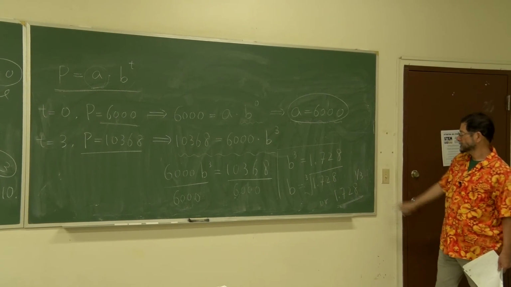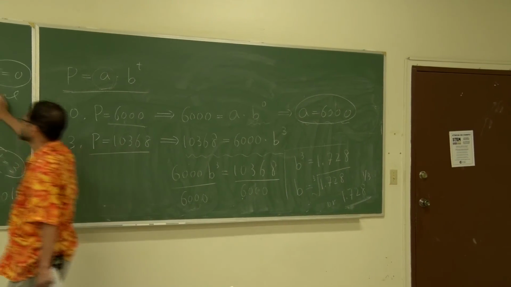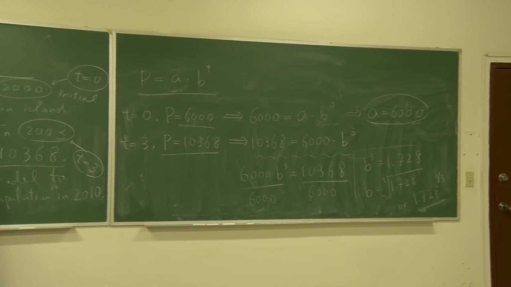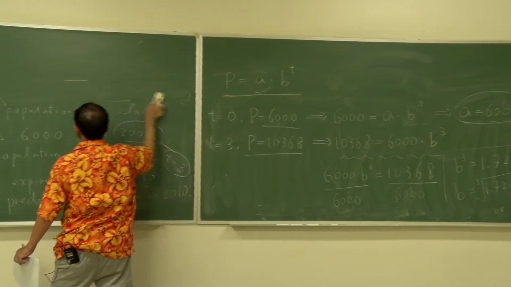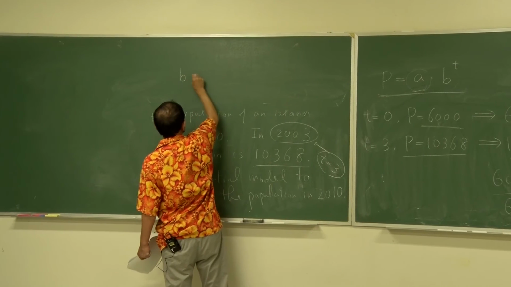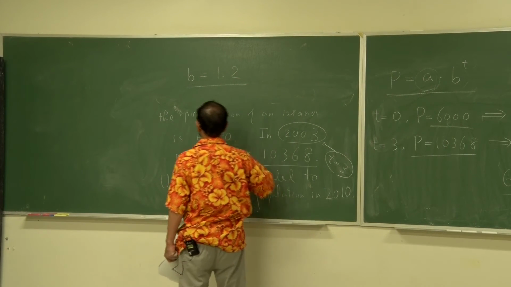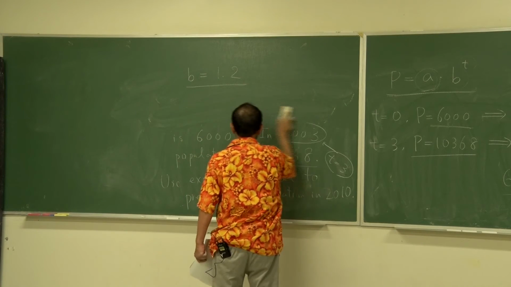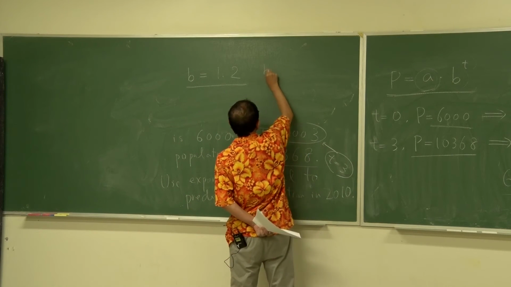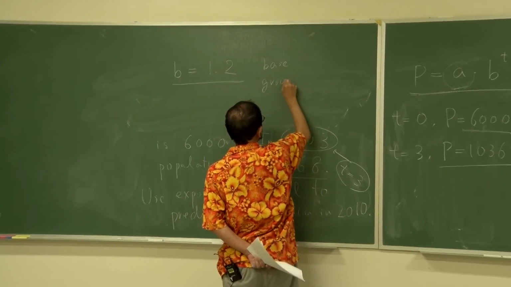Okay? So using the calculator, we have b is equal to 1.2. So this is your base, and in this context it is also called the growth factor.